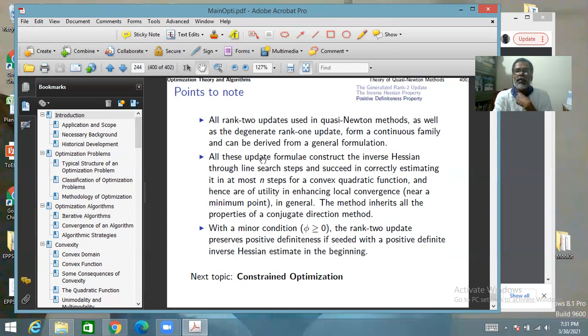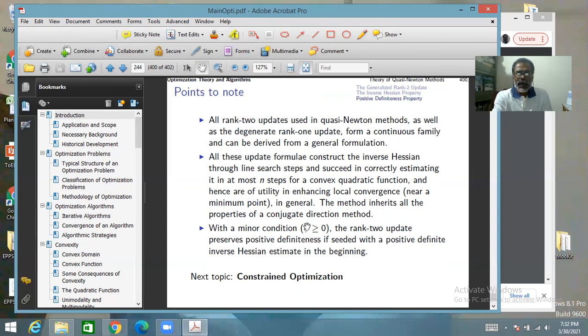And all these update formulae construct the inverse Hessian through line search steps and succeed in correctly estimating it in at most n steps, for a convex quadratic function. And therefore, they help in enhancing the local convergence near a minimum point where the Hessian is more or less positive definite and more or less constant. And it also inherits all the properties of the conjugate direction method there.